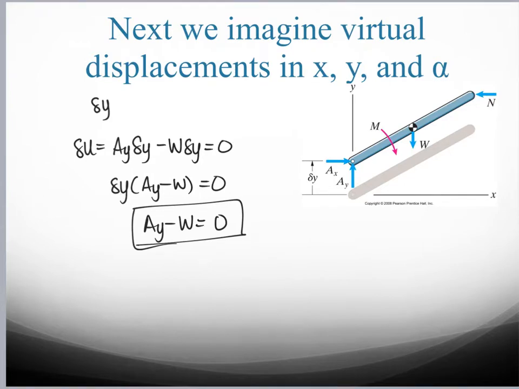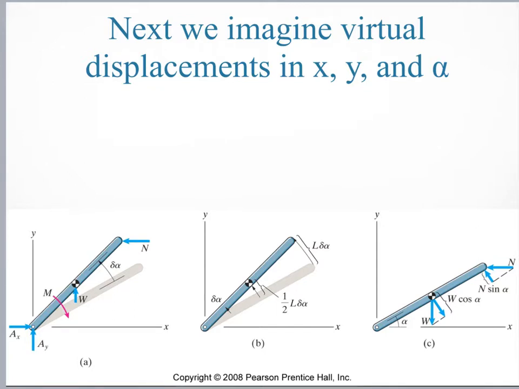And then finally, we're going to imagine our virtual displacement to be a virtual rotation. And so we have to think about which forces might act if I have this rotation. Notice how it was written, the displacement. We went from this location up to here.